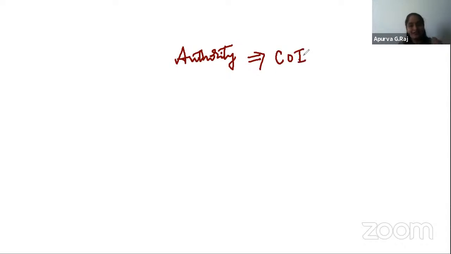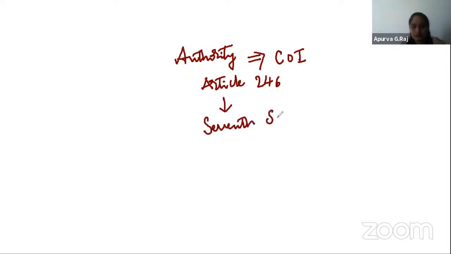The authority is given under the Constitution of India under Article 246. By virtue of the 7th schedule to Article 246, the Parliament as well as the state legislature has got power to levy and collect the taxes.